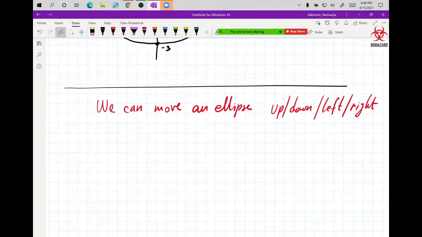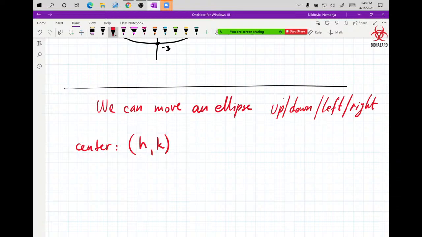So the center is defined as h comma k. Now in our previous example, it was 0, 0, so it doesn't really bother anyone. But now, this thing is going to get shifted. And we are going to change the formula accordingly.